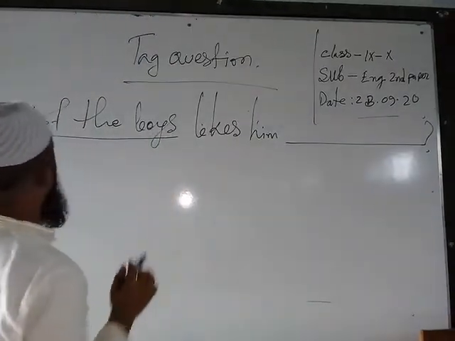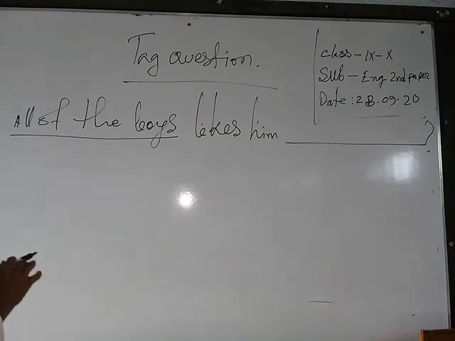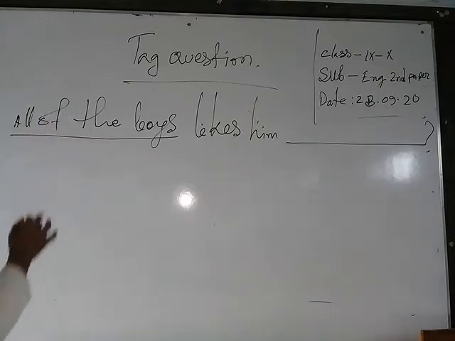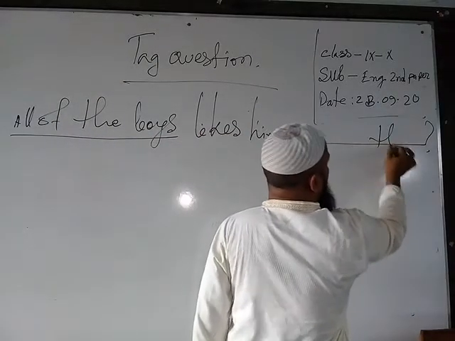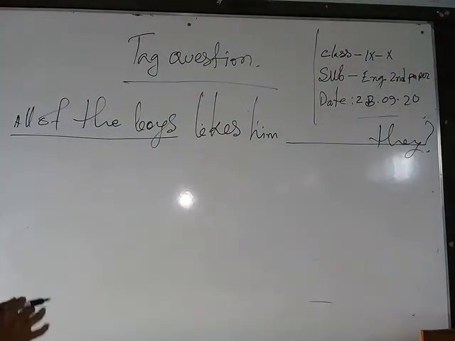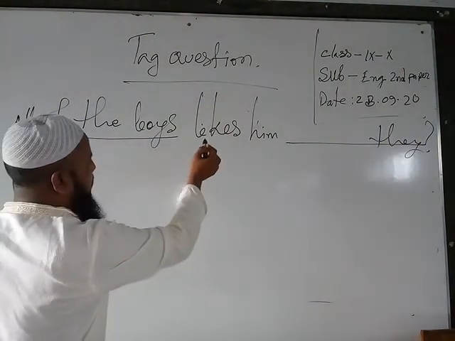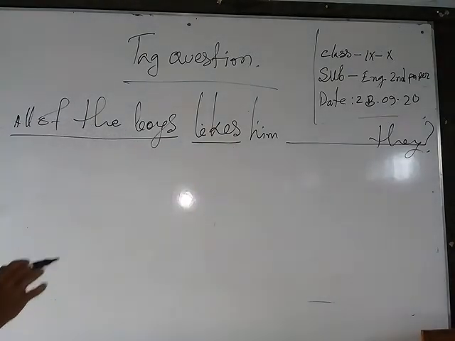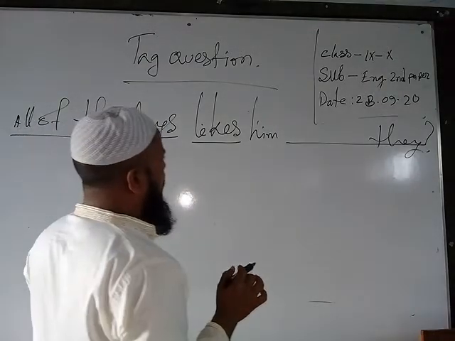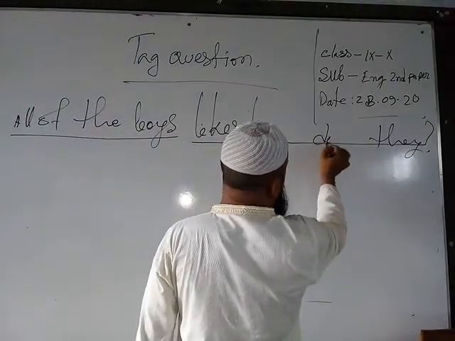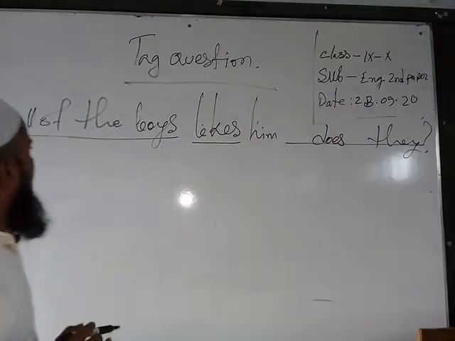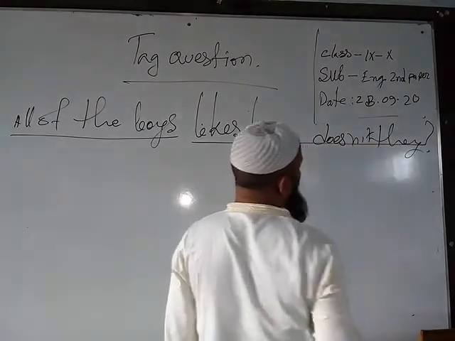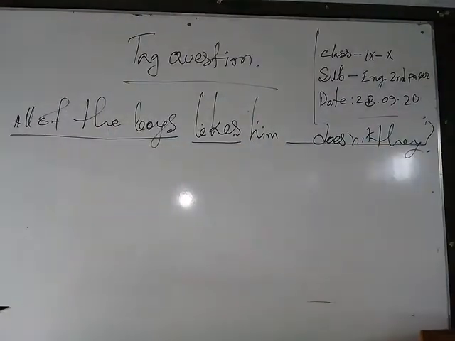That means all of the boys, all of the students, all of the girls, none of the boys, none of the students: if it is the subject, we use they. There is no auxiliary verb here, only one verb, that is likes. This verb takes es, so we use does as an auxiliary verb. And the sentence is affirmative, so we use not, n't. That means the final answer is doesn't they.